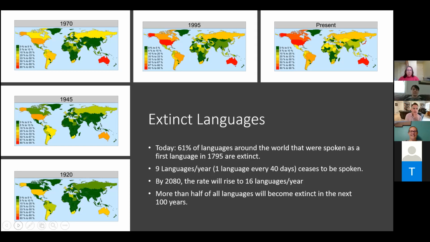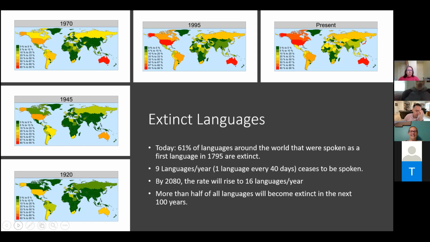So in 1920, centuries of language loss had already taken their toll, like more than half of the indigenous languages of Australia, the United States, South Africa, and Argentina had already been lost. So I know the map is a little bit tiny, but in all the green areas, it's like 0 to 6% of populations or languages are at risk.